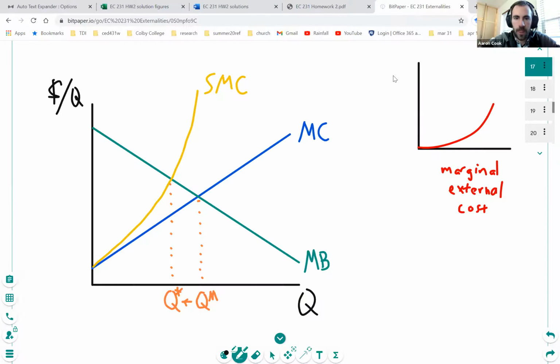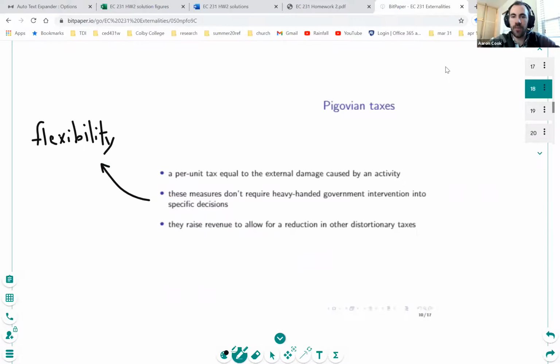All right, so remember that Q star is what we're aiming for here. One way that we can try to achieve that is by slapping some kind of fine or extra penalty on that activity, which we call a Pigouvian tax.